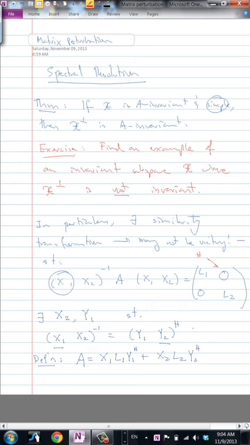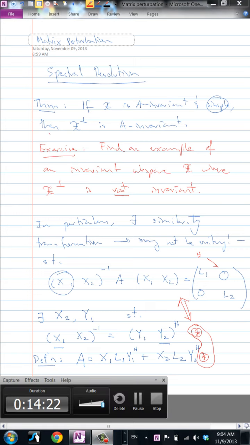So note that essentially this statement and this statement, these things together, are equivalent to this statement here above. Let's let P1 equal x1 y1 transpose, and P2 equal x2 y2 transpose.